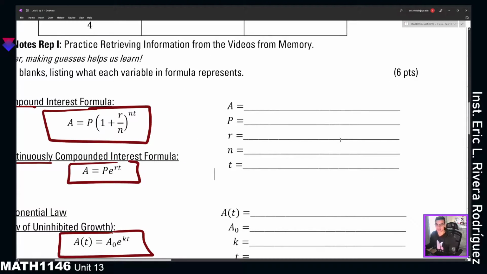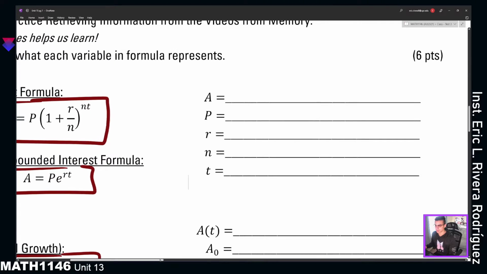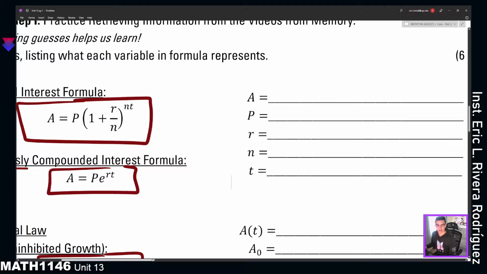What is the purpose of the formula? The purpose of this formula is to know how much money you will have, or how much money you will own, after a certain amount of time.